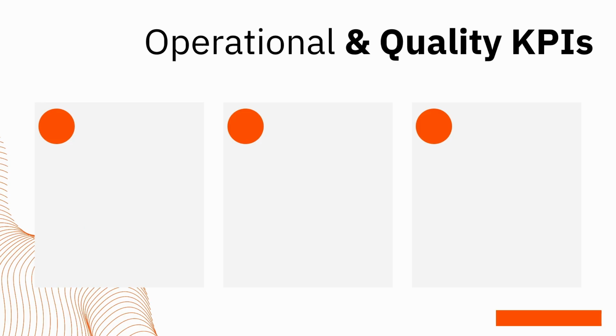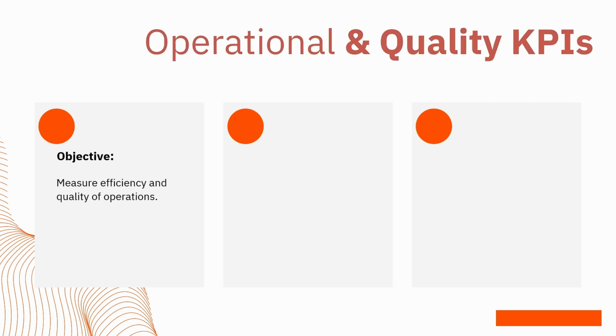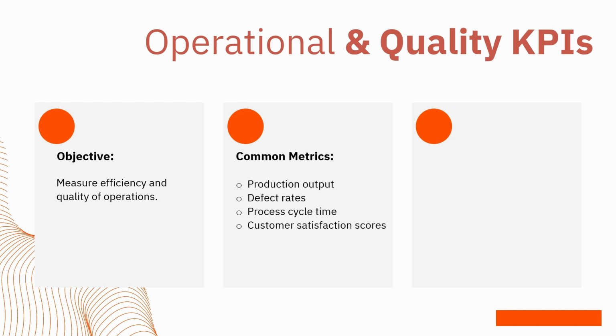So, starting with operational and quality KPIs. The objective of operational and quality KPIs is to measure the efficiency and quality of operations. Many common metrics can be used to measure this, which can include production output, defect rates, process cycle time, and customer satisfaction scores.